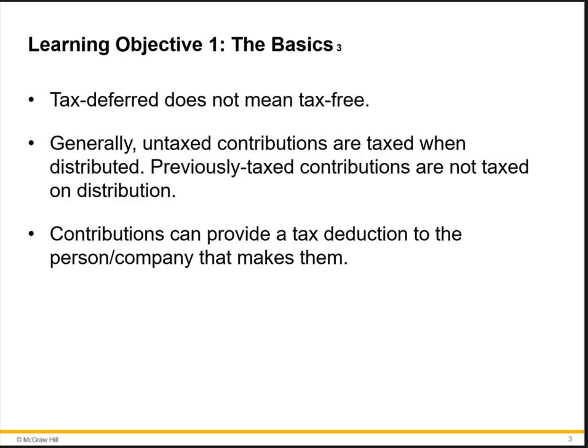So it can either be a tax deduction, or it could be just left out of your income in the first place, not included in AGI. Both of those are possibilities depending on the type of plan. So if that's the case, you get a deduction now, taxable later. If you put it in and you don't get a deduction now, then chances are it's not taxable later.